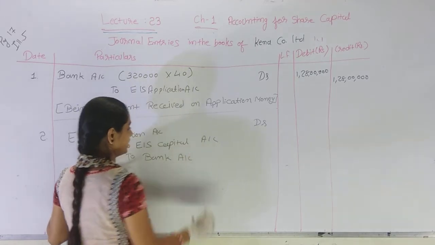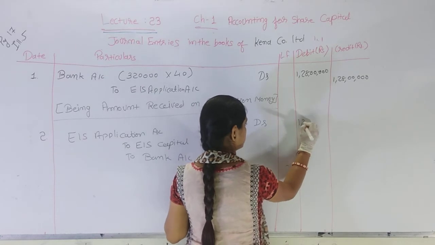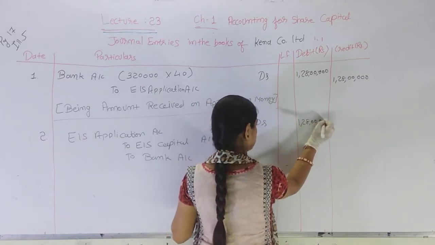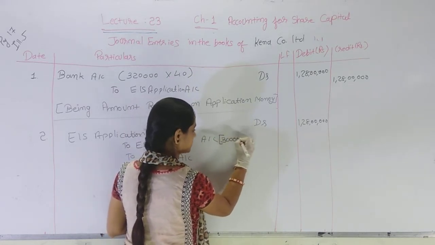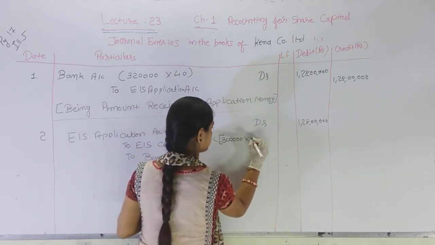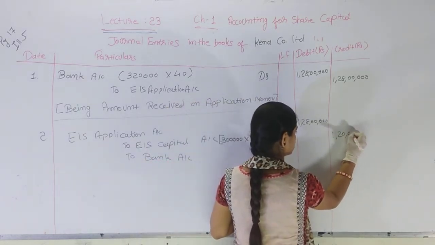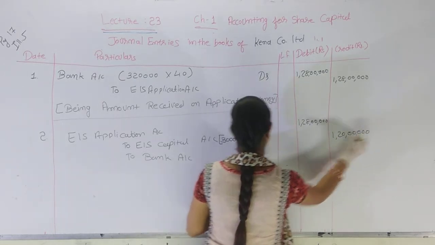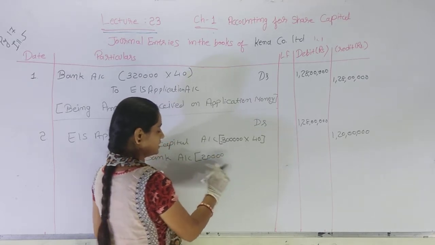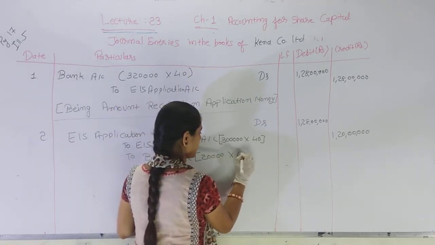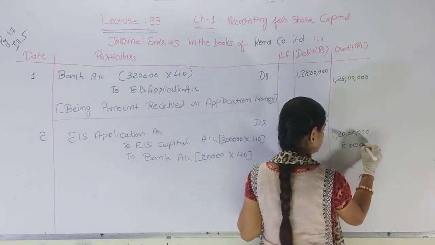See, we have to write in application the credit amount of the first entry, 1,28 lakh. Out of 1,28 lakh we have to transfer the issued shares to capital. So 3 lakh into 40 rupees, so here we have to transfer 1,20 lakh. And we have to return the excess application. Excess application is worth 20,000 equity shares into 40 rupees. That means in total we have to return 8 lakh rupees.